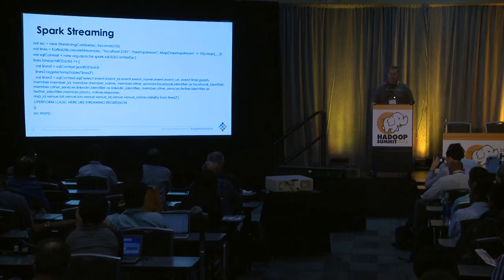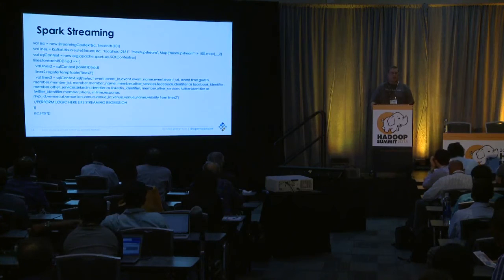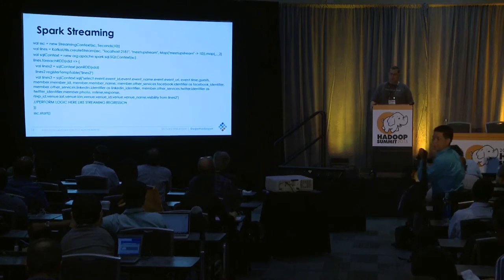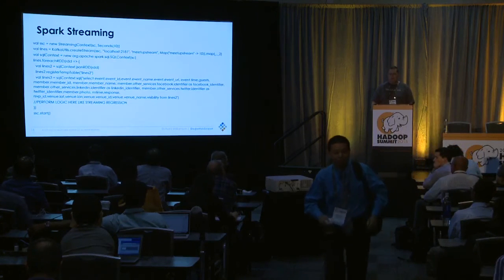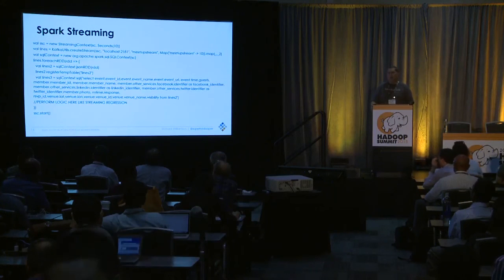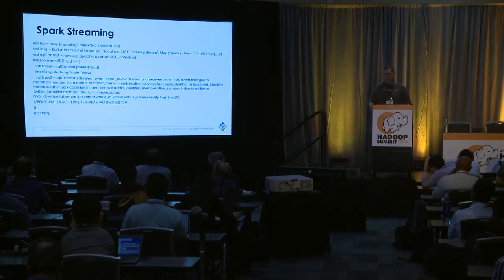It's actually connecting to Kafka, which is commonly used in the Spark or Hadoop environment to stream data in. And that's also a distributed message platform, so we basically get the distributed part all the way through here. And then we can also use things like the SQL context inside of here to actually just run SQL inside of our data processing pipeline for the streaming side, which is very handy.